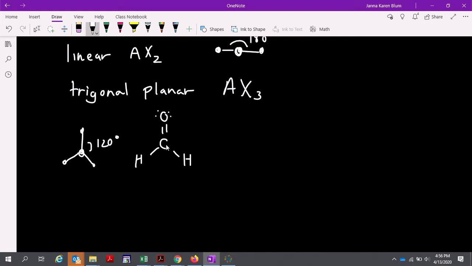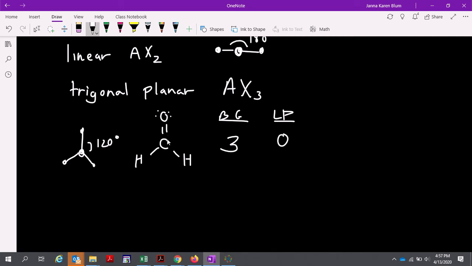So here, this is carbon, and it's got 3 bonding groups, no lone pairs. So bonding group and lone pair, sorry, get ahead of myself sometimes. 3 bonding groups, or BG, and no lone pairs.